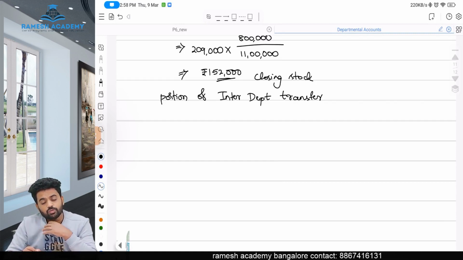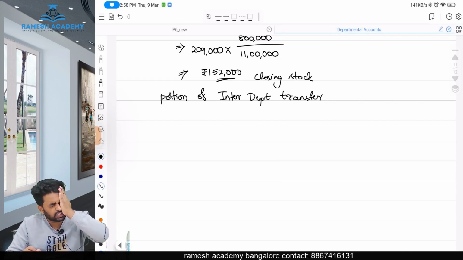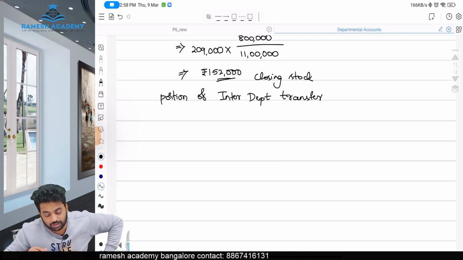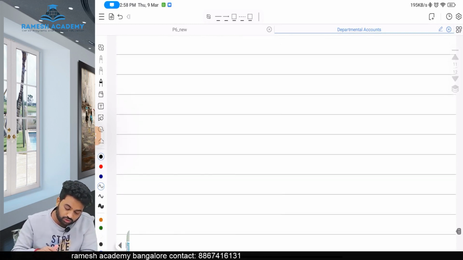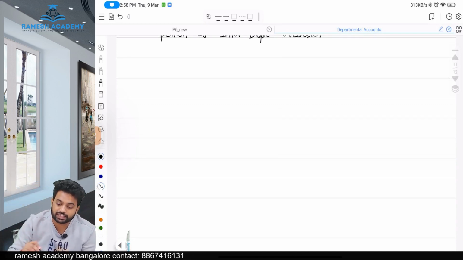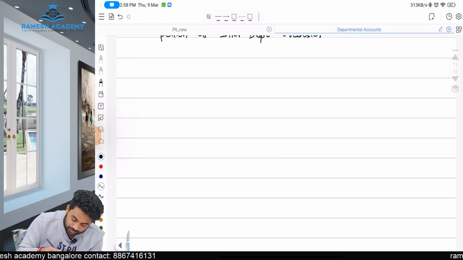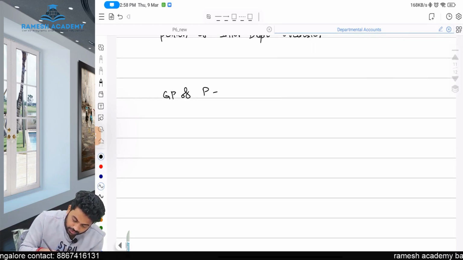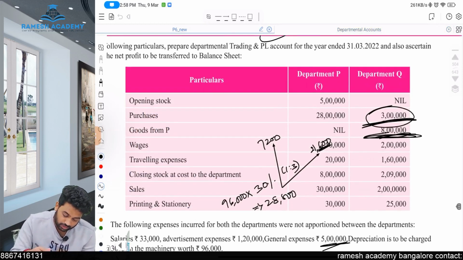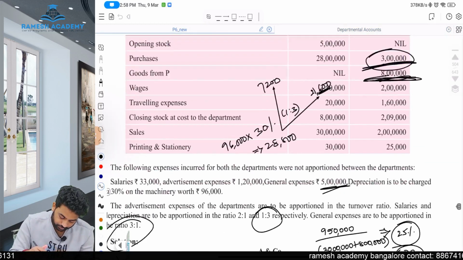Now we got how much portion of the closing stock is acquired by interdepartmental transfer. Now we have to take out the loading available on that. How to calculate? We should calculate the gross profit of the department which is sending. Which department is sending? Department P is sending. GP of P. How much is the gross profit?